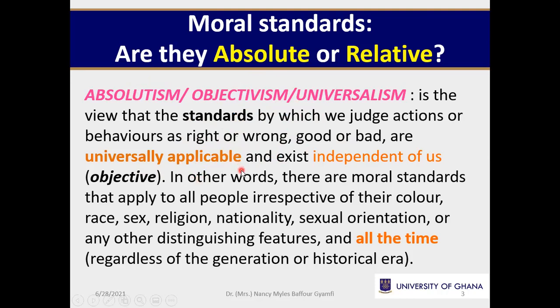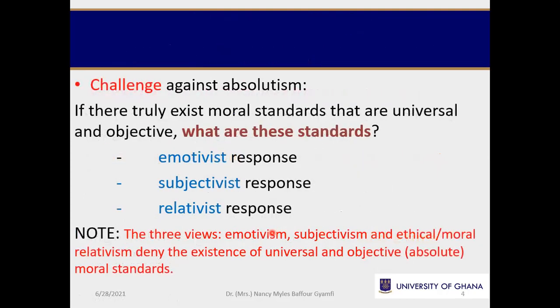In other words, there are moral standards that apply to all people, says this group of ethicists. They believe that there are moral standards that apply to all people, irrespective of their color, race, sex, religion, nationality, sexual orientation, or any other distinguishing features, and all the time, regardless of the generation or historical era.